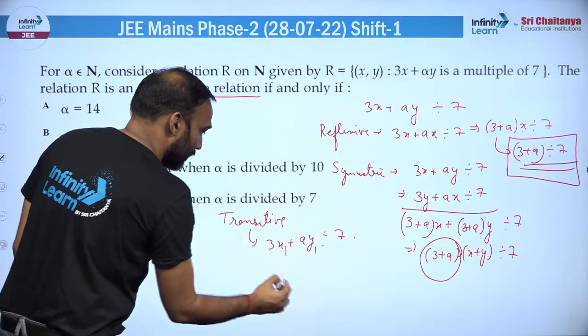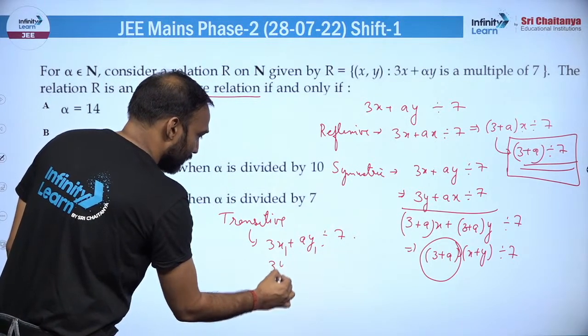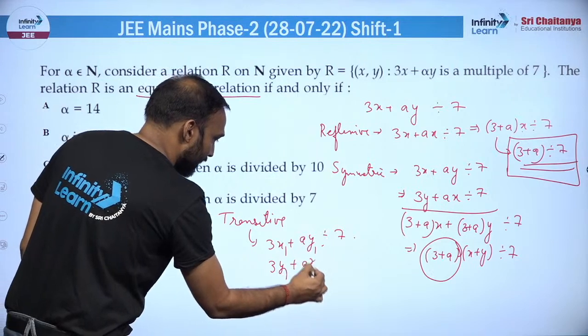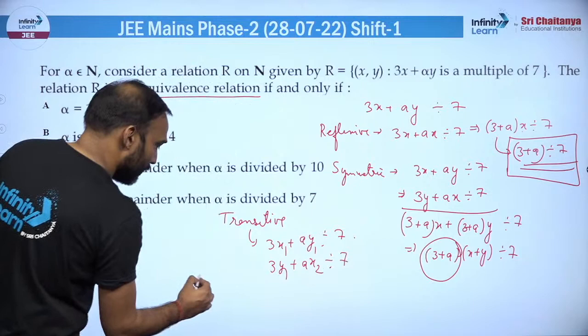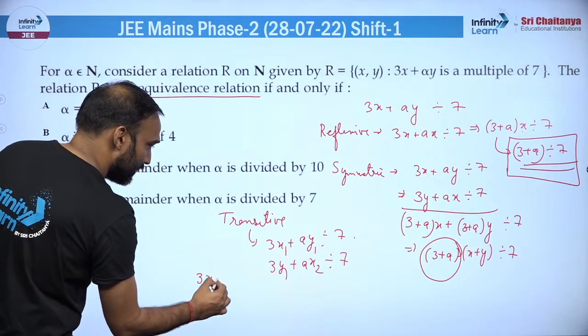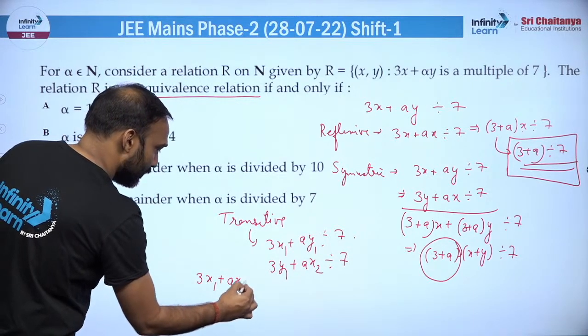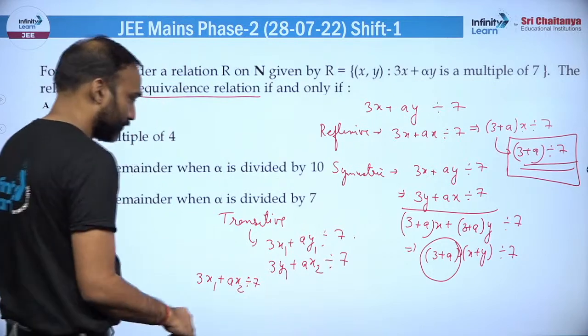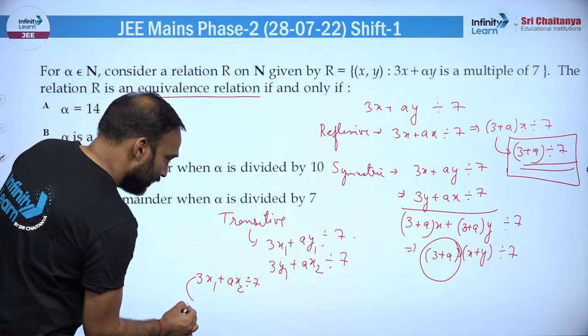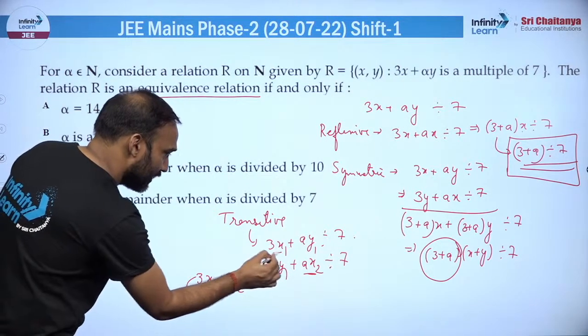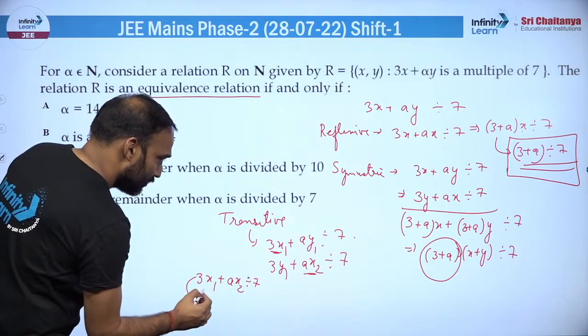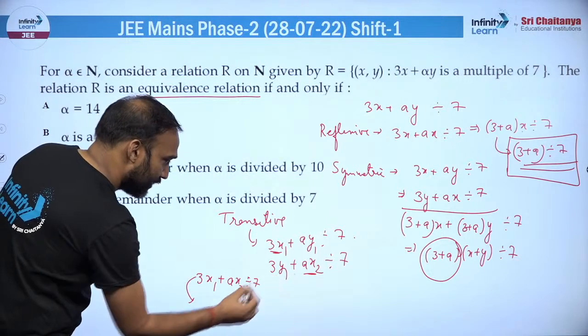So I am writing (x1, y1), then 3y1 plus ax2 is divisible by 7. So from here I have to prove 3x1 plus ax2 is divisible by 7, right?